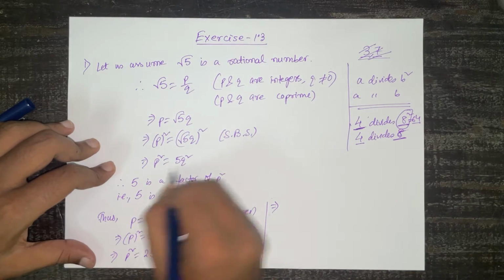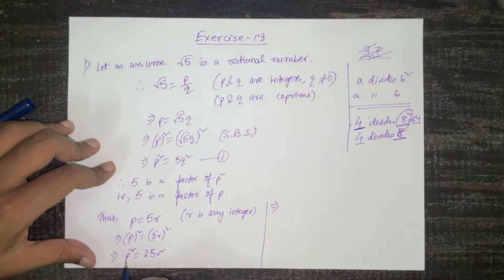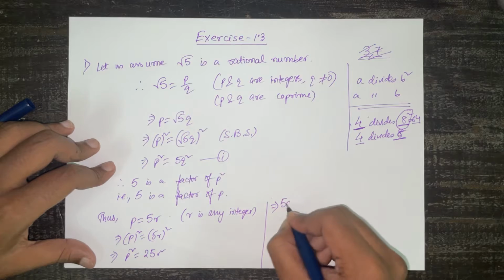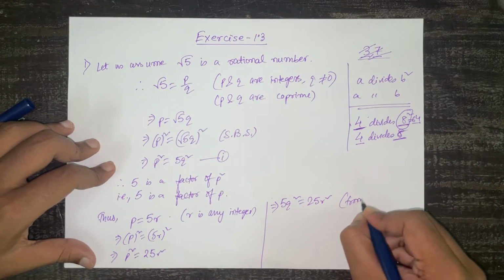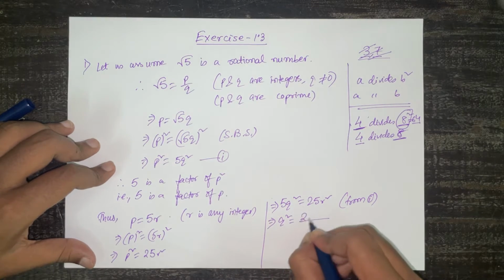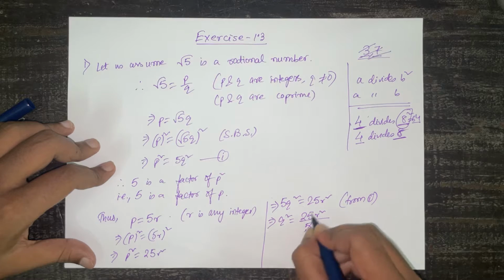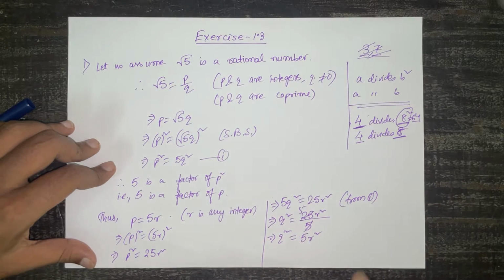Now what is the value of p square? We will take it as number 1. p square can be written as 5q square. So in place of p square, we write 5q square is equal to 25 r square, from 1. Okay. Now q square will be equal to, if we do a side change, we are going to get 5. That means q square is equal to 5r square.